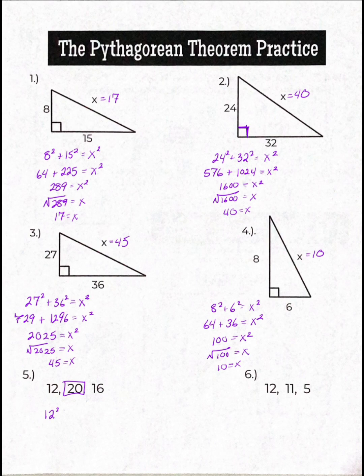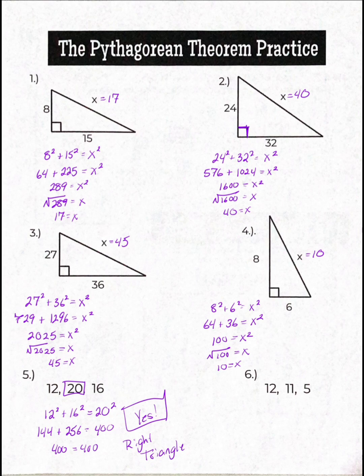So 12 squared plus 16 squared should equal 20 squared. So that's 144 plus 256 should equal 400. 144 plus 256 is 400. And 400 does equal 400. So yes, this is a right triangle.